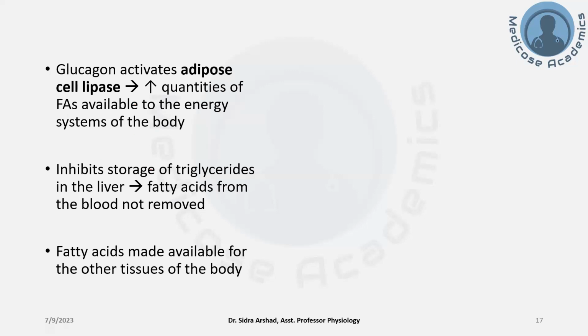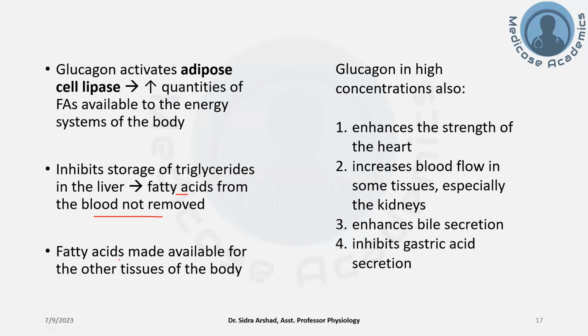It inhibits storage of triglycerides in the liver so that fatty acids from the blood are not removed. It makes the fatty acids available for the body to use. It does not cause their storage. It does that by inhibiting the storage of triglycerides in the liver, so that fatty acids are made available for the other tissues of the body.